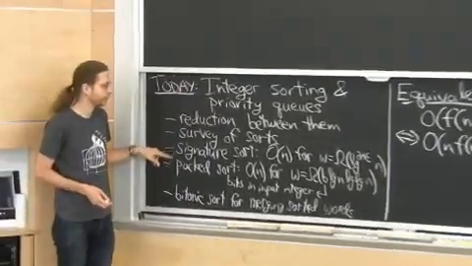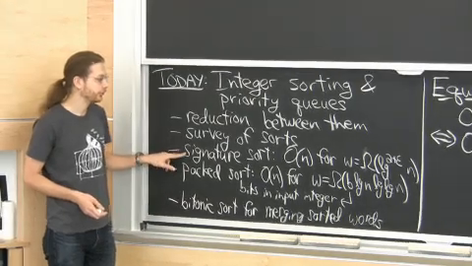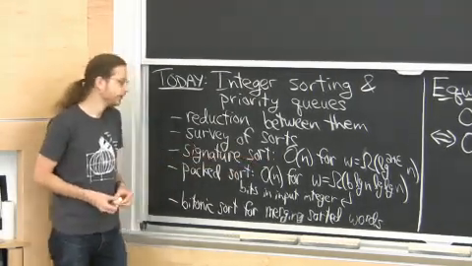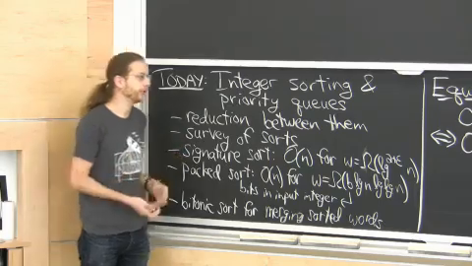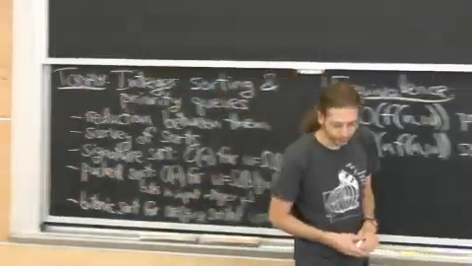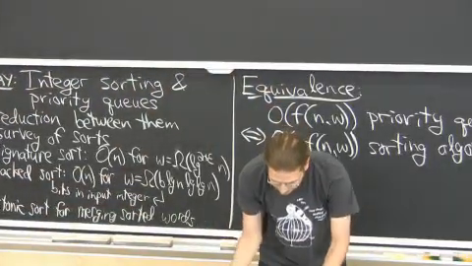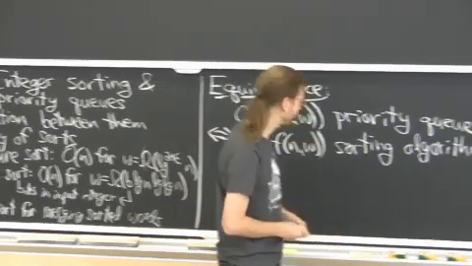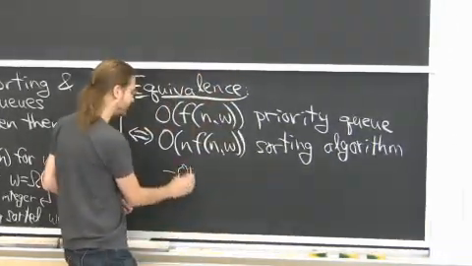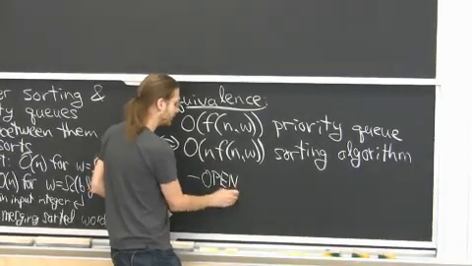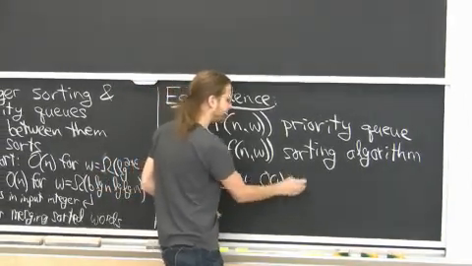In particular, we're going to talk about a couple interesting cases where we can get linear time sorting. If you've seen radix sort, you know another interesting case where linear time sorting is possible. It's an interesting open problem here. Can you get constant time decrease key?